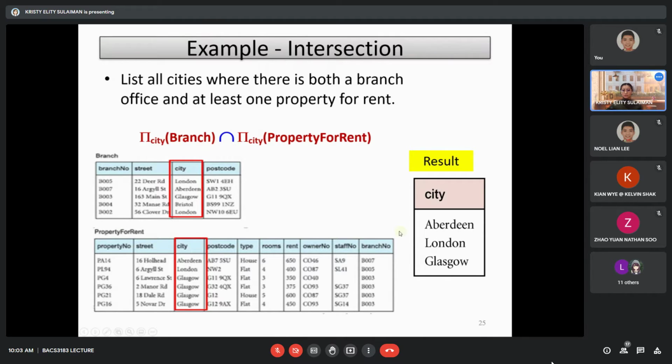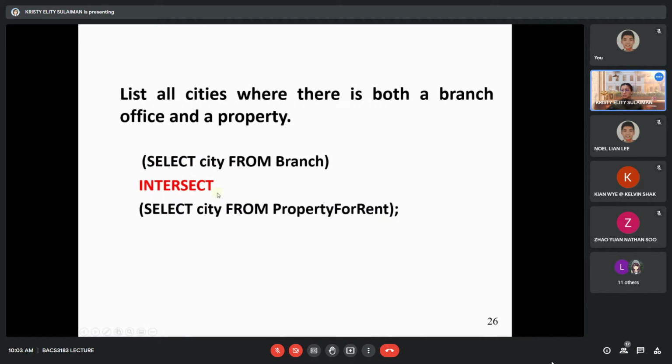In SQL, this is the query that we use: intersect. To list all cities where there is both a branch office and a property, we select city from branch and intersect with select city from property for rent, right?